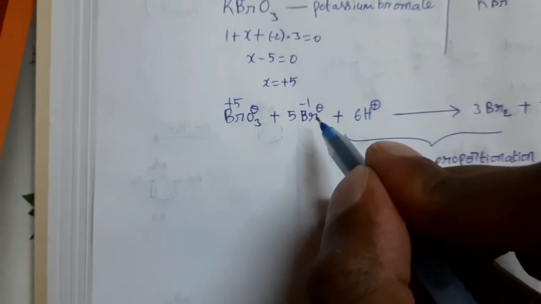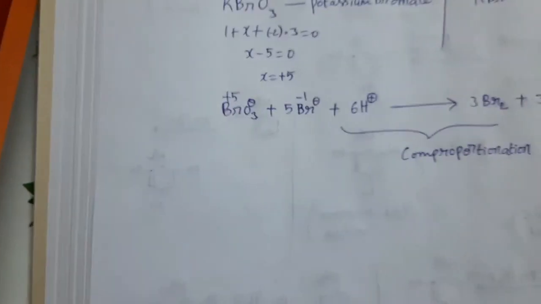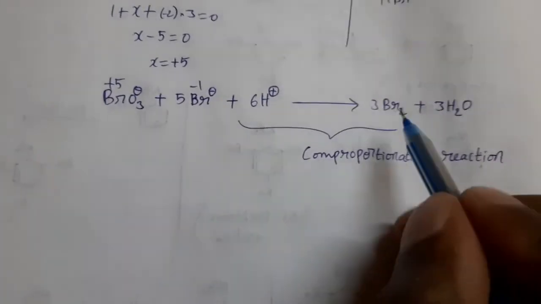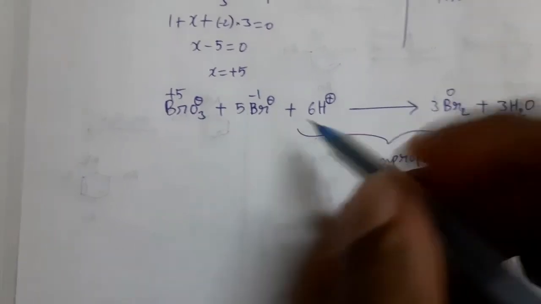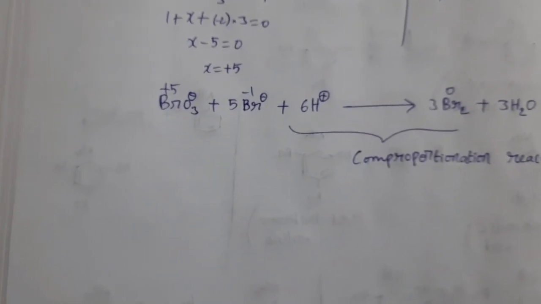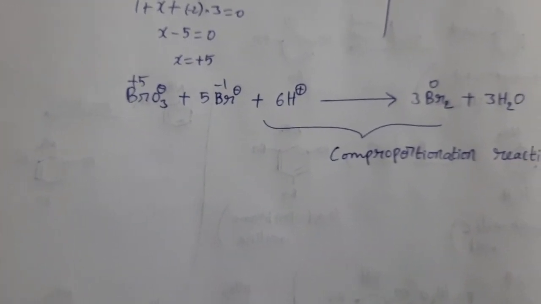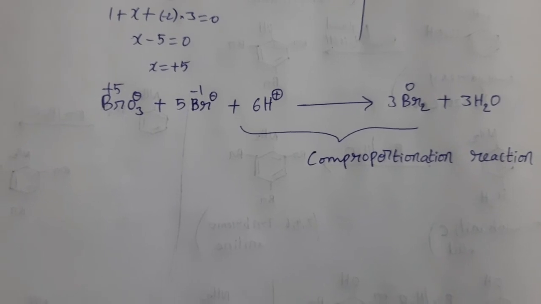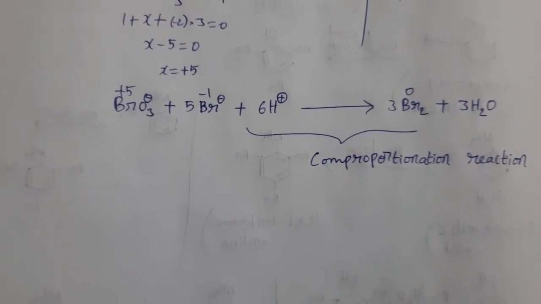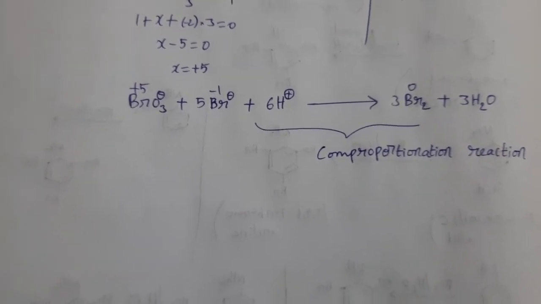Different oxidation states exhibited by the same element bromine. In the product, bromine oxidation state is 0. That means the same element with different oxidation states reacts with each other and forms a product having only one type of oxidation state, which is called comproportionation reaction.